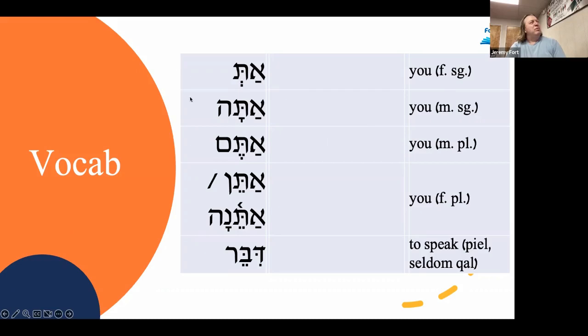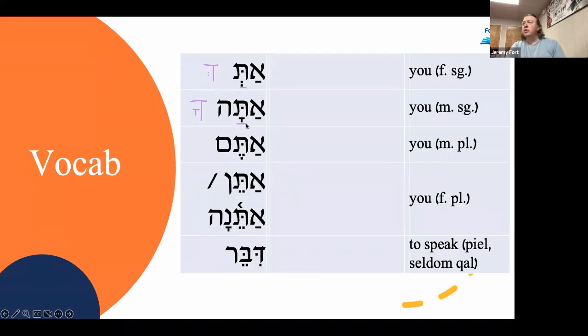But if you remember, when it comes to those endings, if you want to say you masculine, what is it? It's a kaf with a patach, which marries up a bit here. And if you want to say you feminine, singular, it has a schwa, just like it does here.